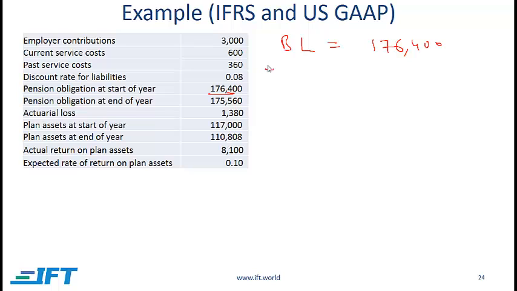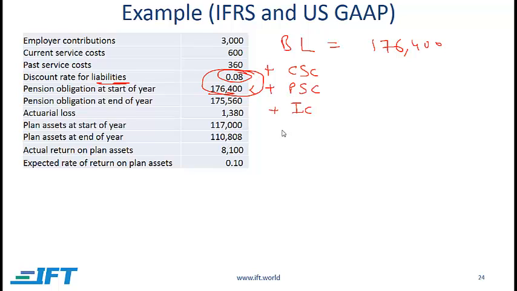You are going to add the current service costs, then the past service cost, then we have the interest cost. Now the interest cost is not explicitly given, but we do have the discount rate, which is 8%. We do have the pension obligation at the start of the year, so you can take 0.08 times this number, that's the interest cost.